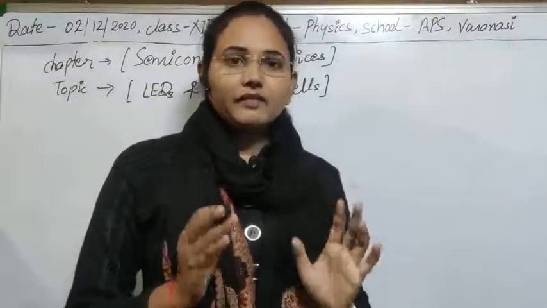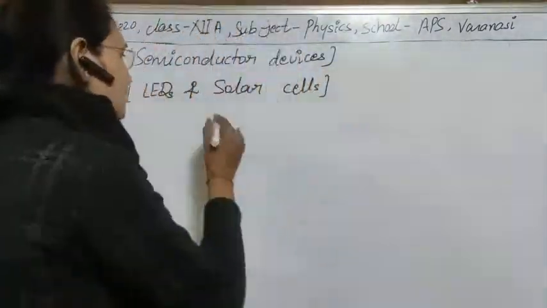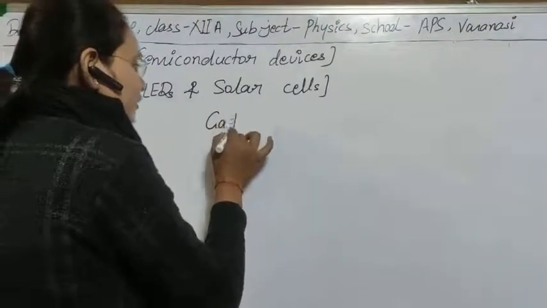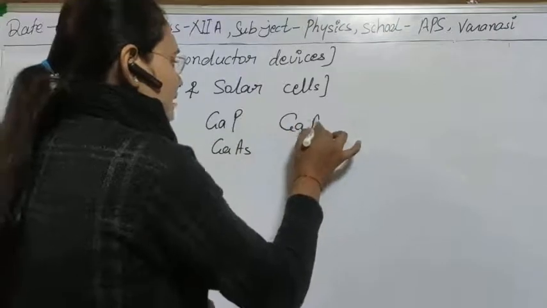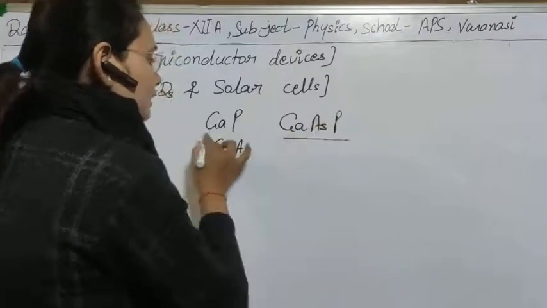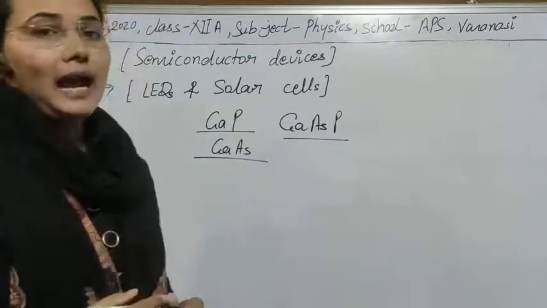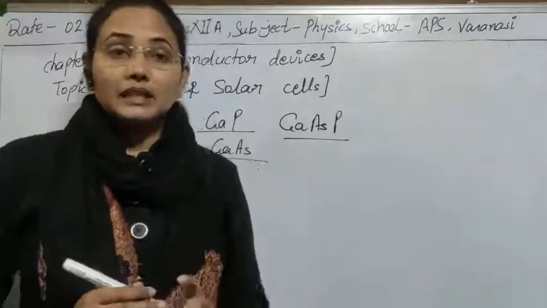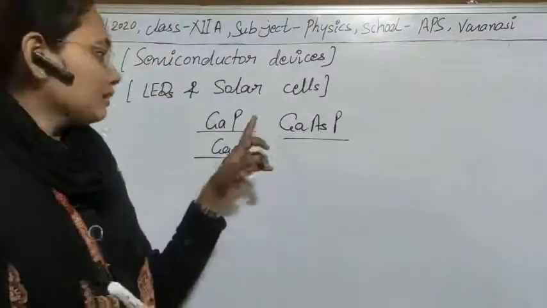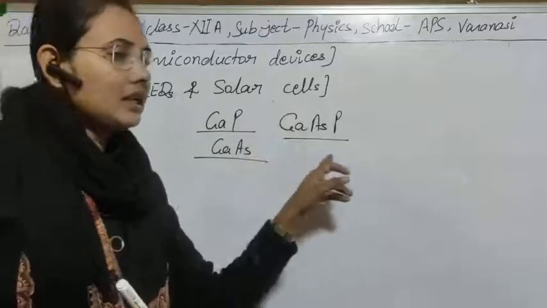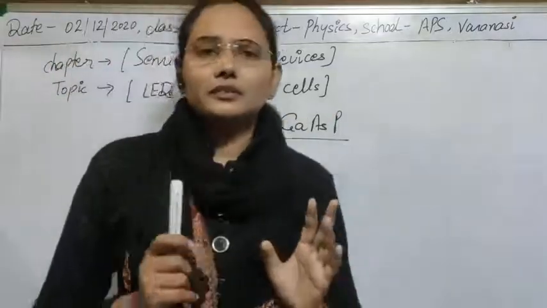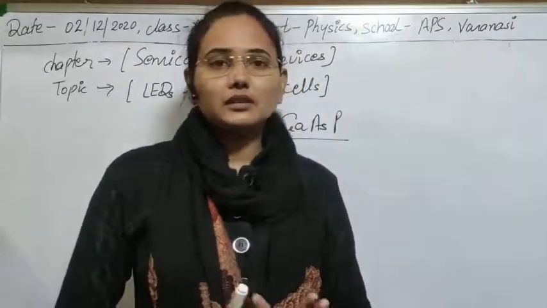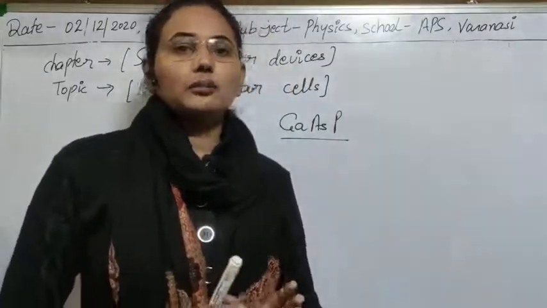And if we use materials like gallium phosphide, gallium arsenide, or gallium arsenide phosphide, these three materials help us to fabricate LEDs easily, as their band gap lies in the range of visible light or electromagnetic radiation.